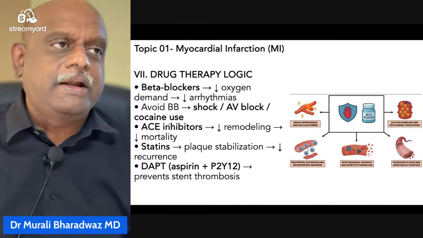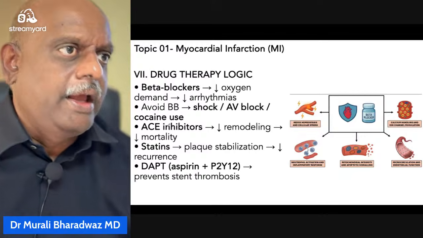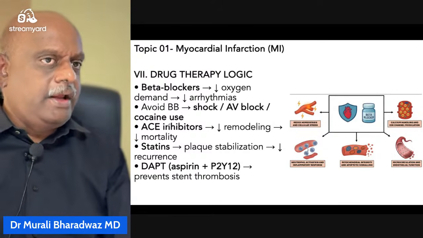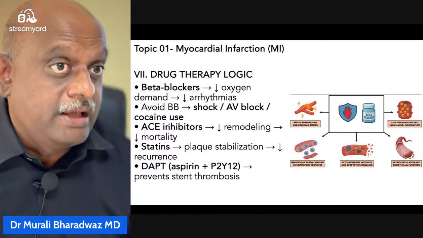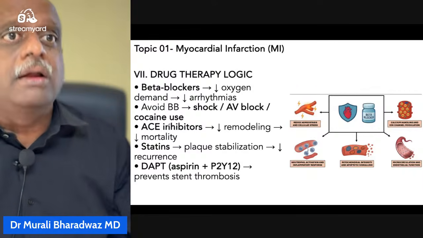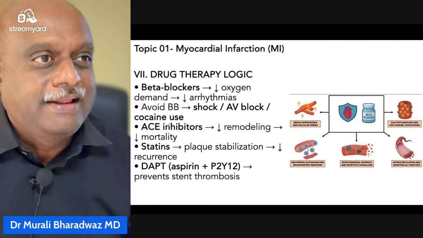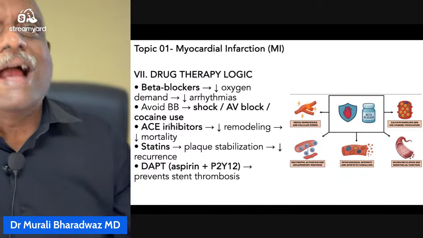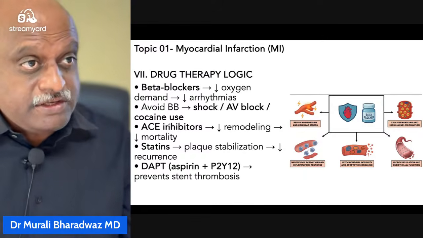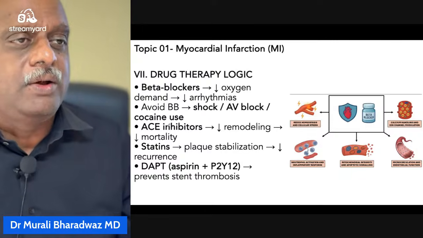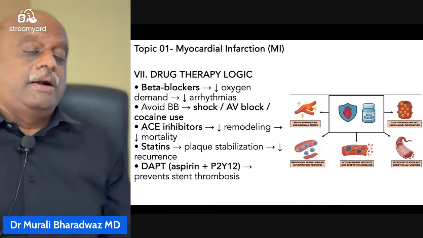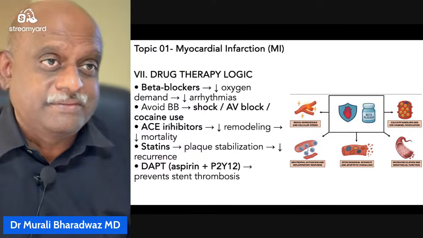What are the ACE inhibitors that you know? Enalapril, right? Similarly ARBs, angiotensin receptor blockers, like telmisartan, losartan, etc. Then we also give statins: atorvastatin, rosuvastatin, any statin is one and the same, only the drug company's branding differs.